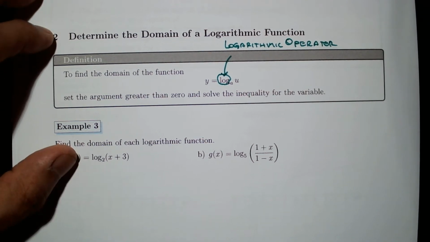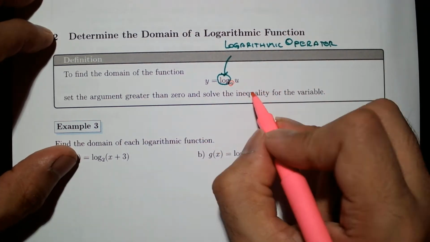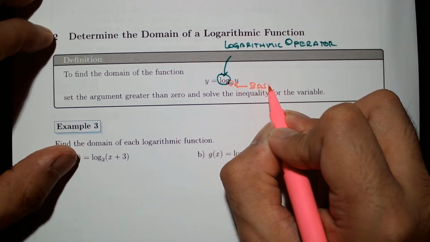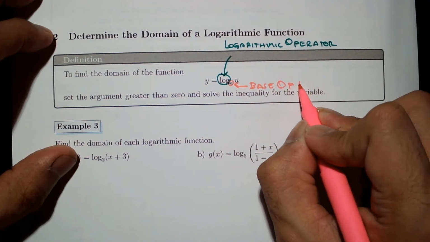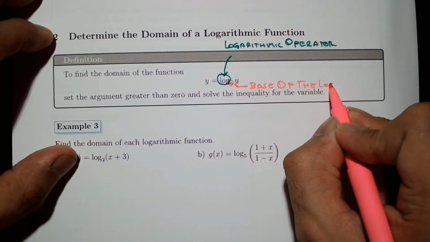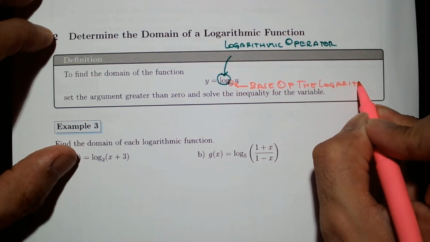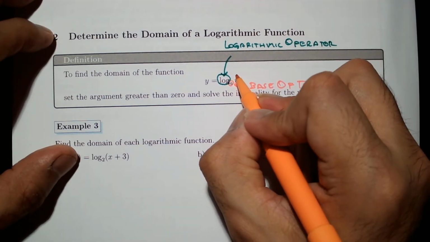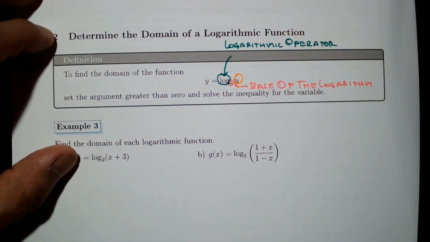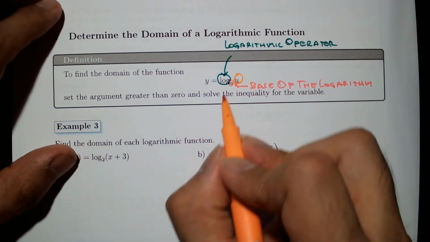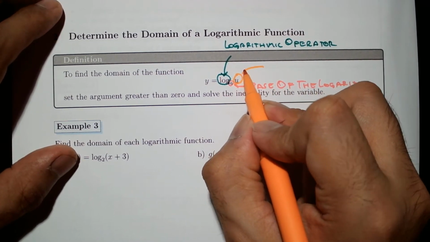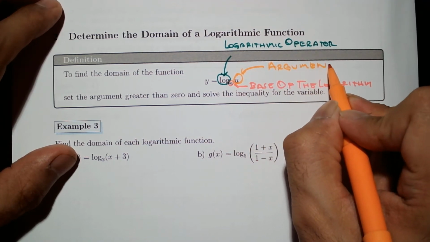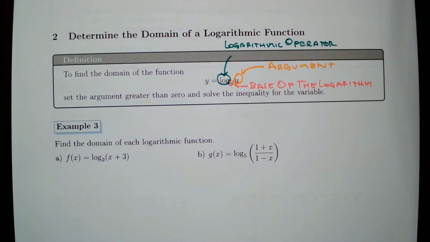And then this tiny a, this subscript, is the base of the logarithm. And last but not least, this u, which is the expression or the quantity inside of the log symbol, is called the argument.